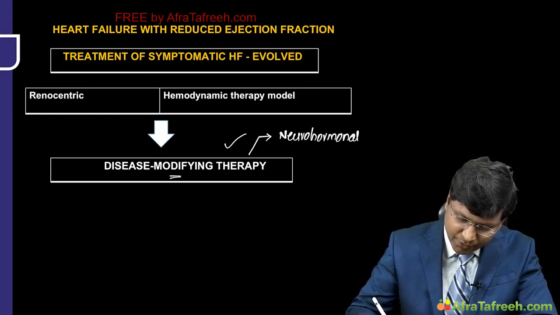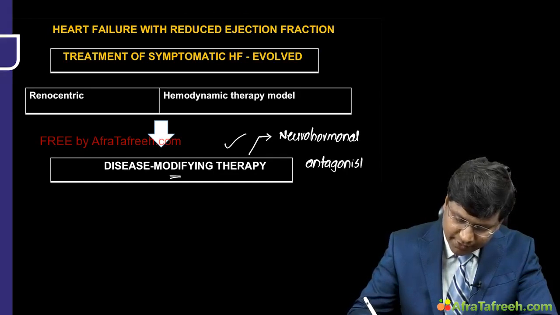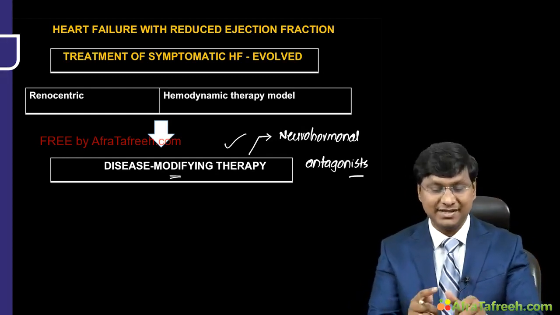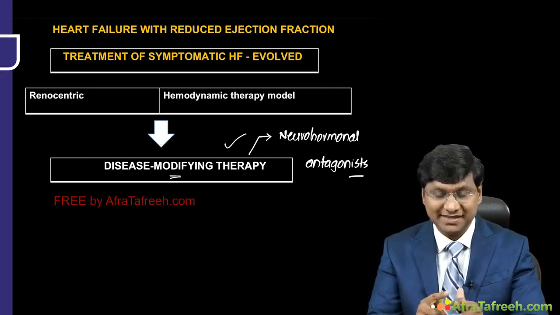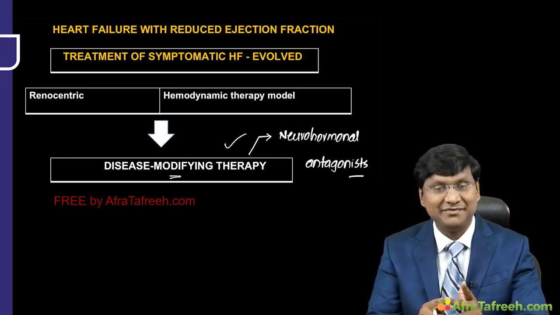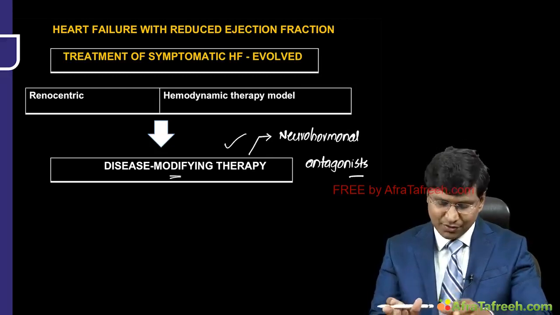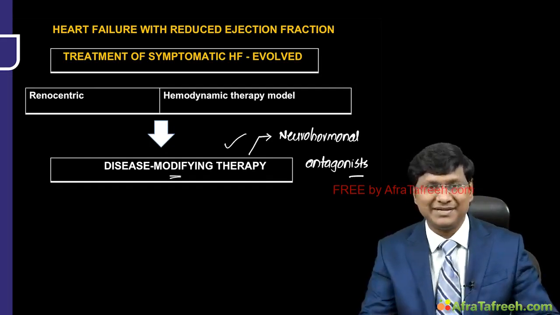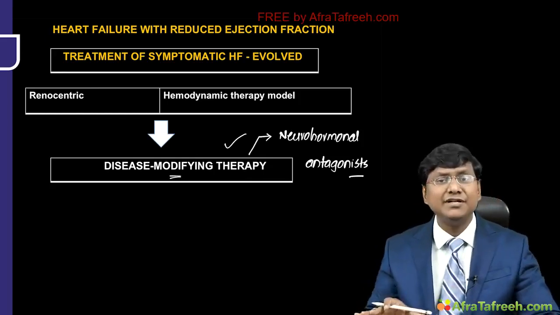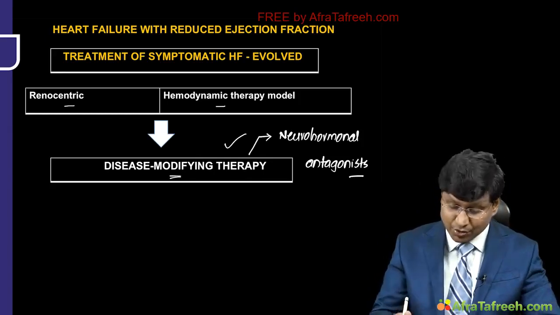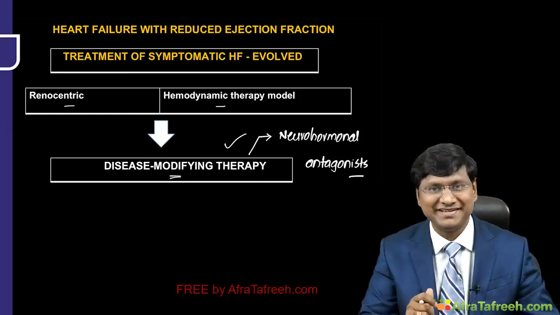These neurohormonal antagonists include the ACE inhibitors, angiotensin receptor blockers, then we have beta blockers, then mineralocorticoid receptor antagonists, that is aldosterone antagonists. So this is how the evolution of the treatment is, from renocentric and hemodynamic therapy model to disease modifying therapy.